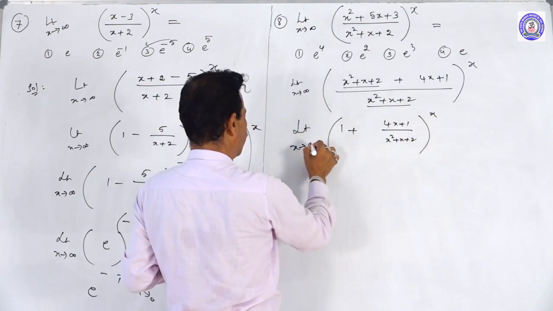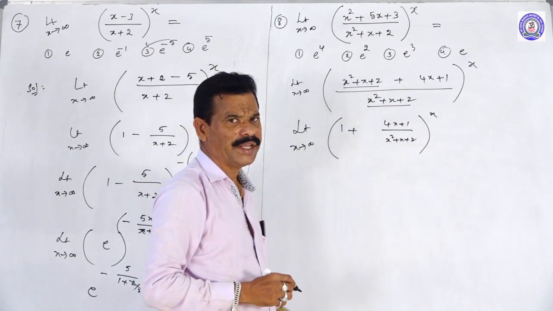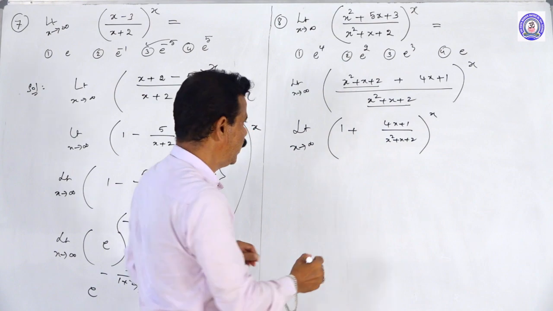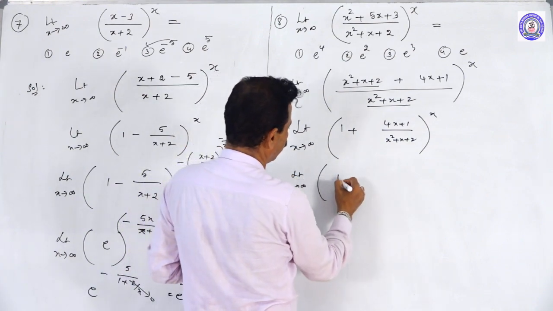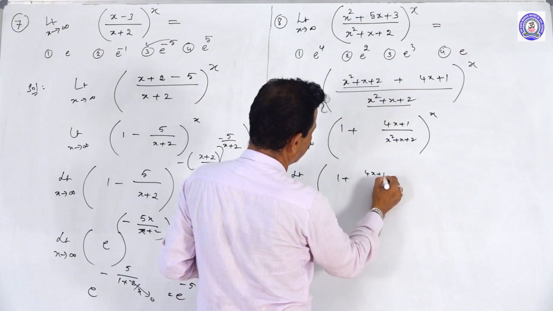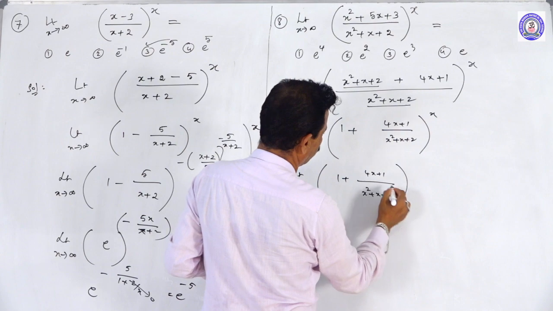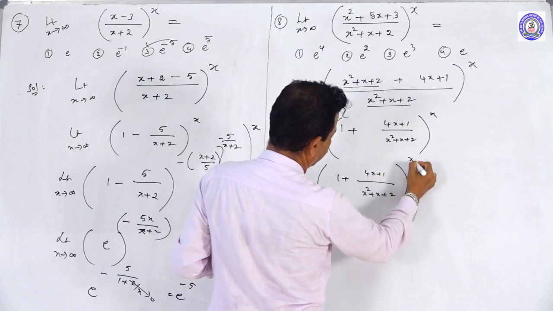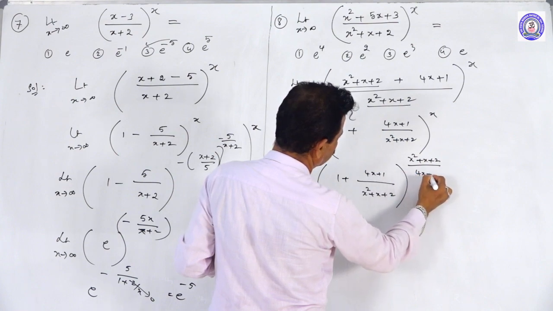Limit x tends to infinity. Here also reciprocating power is needed. So limit x tends to infinity, (1 plus (4x plus 1)/(x square plus x plus 2)) to the power of the reciprocal, (x square plus x plus 2)/(4x plus 1).